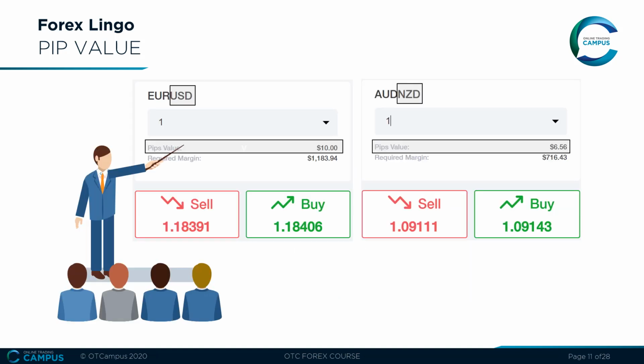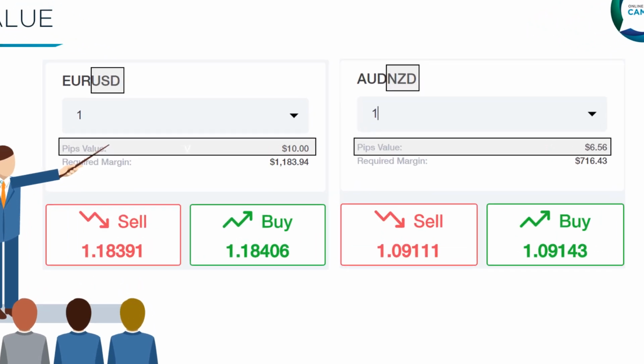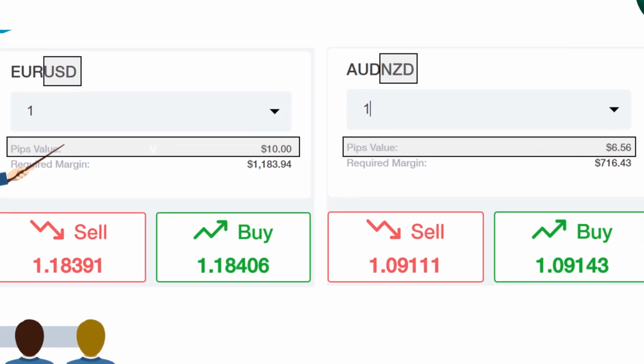When we then talk about cross pairs, depending on the strength of the pair that is shown as a quote currency, the pip values change. For this lesson, I want to stick to the foundational topics. Plus, our life is made very easy because with equity, we have an integrated pip value calculator right here.